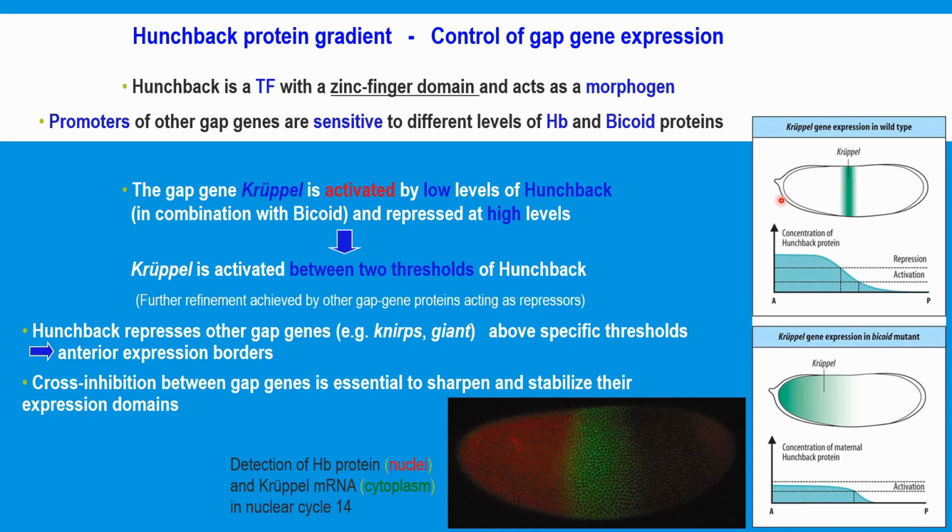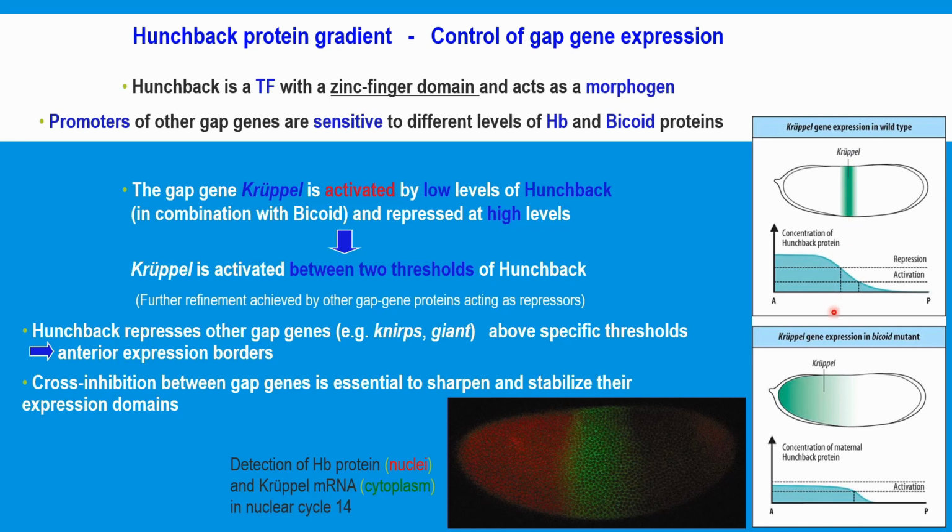We know hunchback was broadly expressed and tapered off around here. And we see that as the level of hunchback comes down, there's a repression when the signal is high, and then we can have this domain of hunchback level where we get activation of Krüppel transcription, but as the hunchback gradient drops down, it's not sufficient to activate it, right? So we get this stripe of Krüppel.